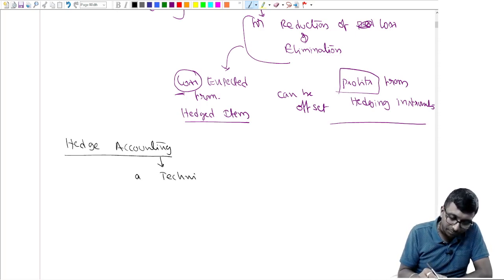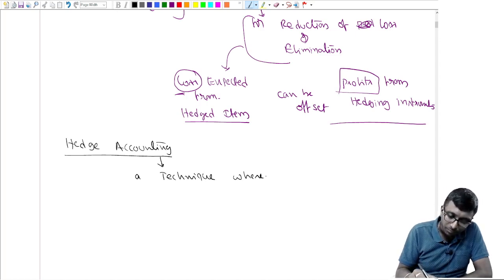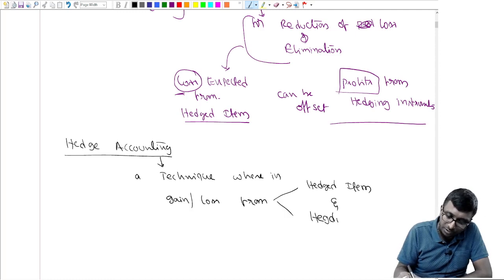In this technique, the gain or loss from the hedged item and the hedging instrument are both recorded either in the profit and loss or in the OCI.